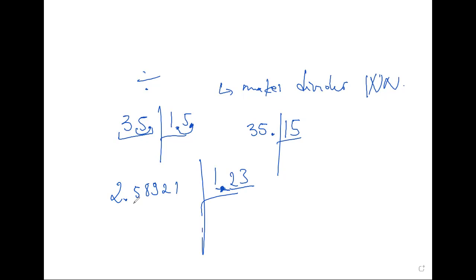But how many should we move from the dividend? That would be 2 as well. So 1, 2. So we'll place it here. And then when you do the division, until you are bringing this number, the first number after the dot, when you are bringing that down, it is at that point that you need to put a decimal here.